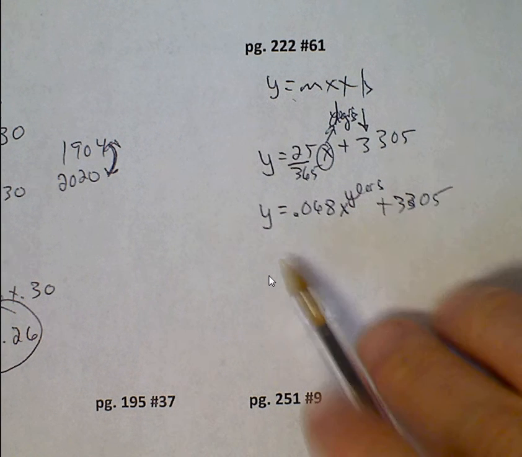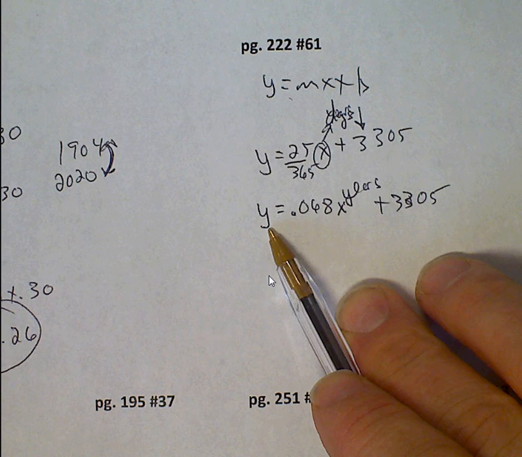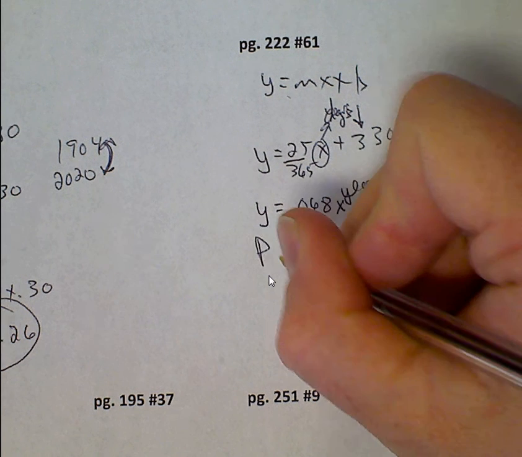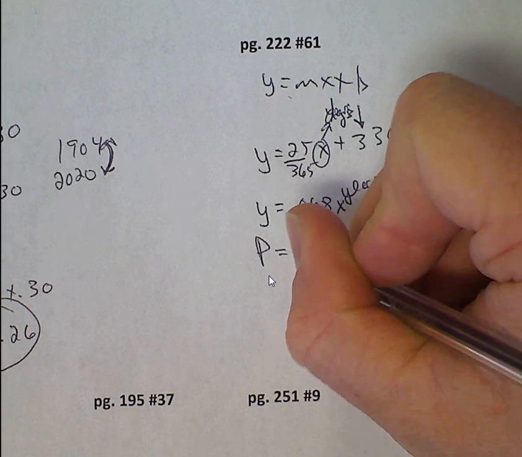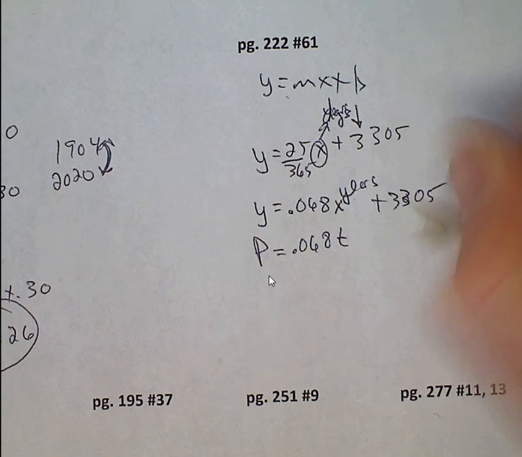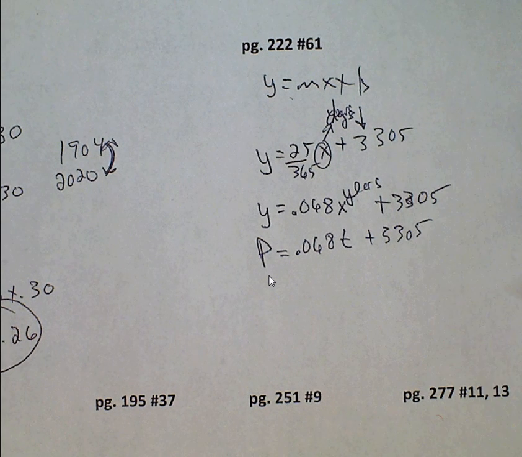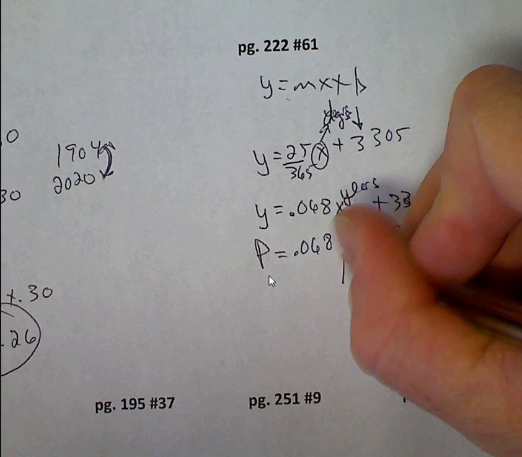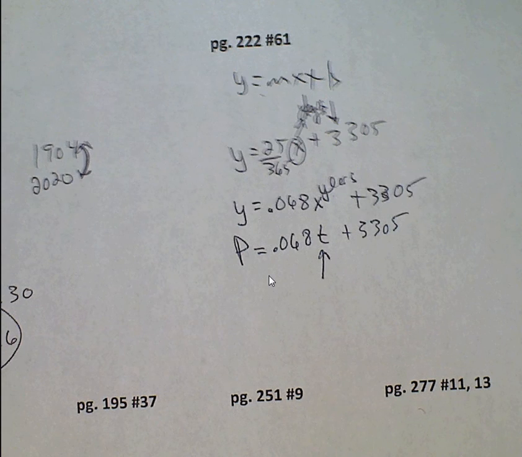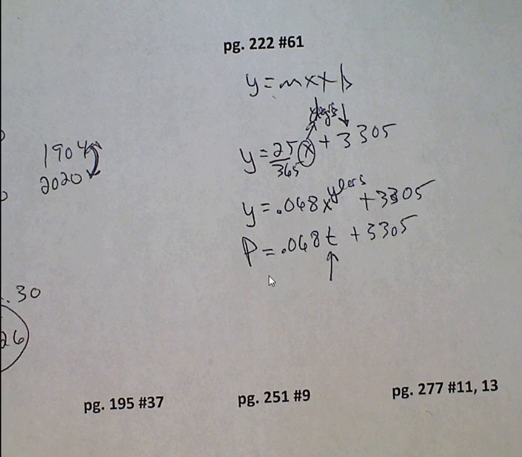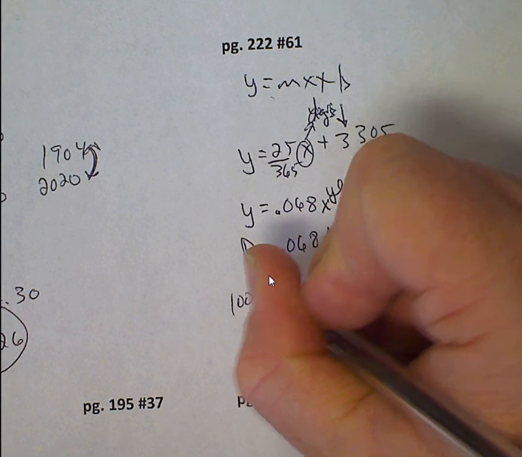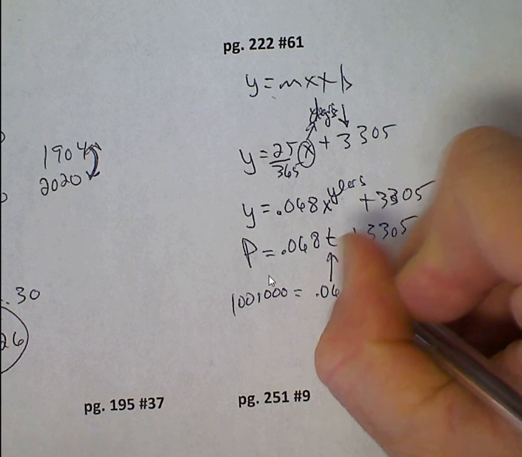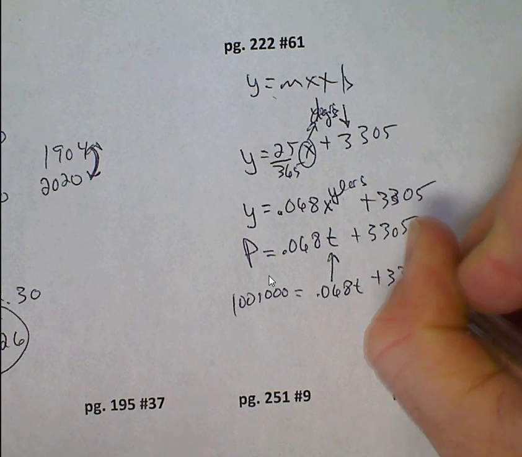But they actually want the y to turn into p, and they want my x, which is years, to turn into t. If the sales continue at this rate, how many years, so I need to solve for t, to sell 100,000 phones. 100,000 phones equals 0.068t plus 3,305.